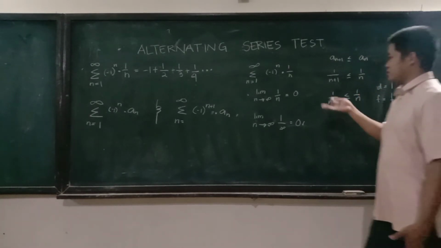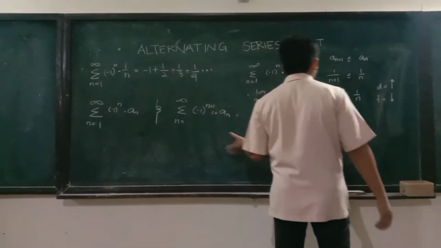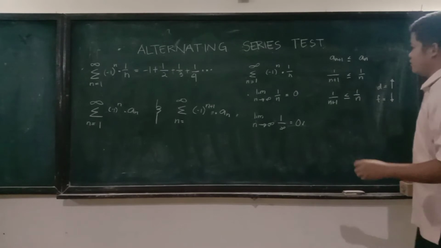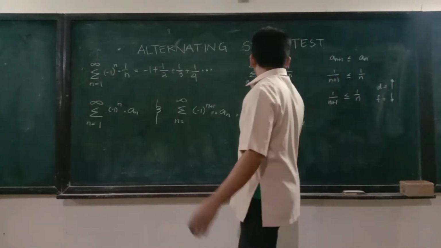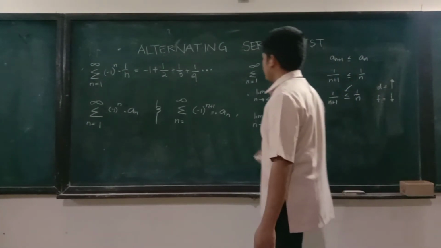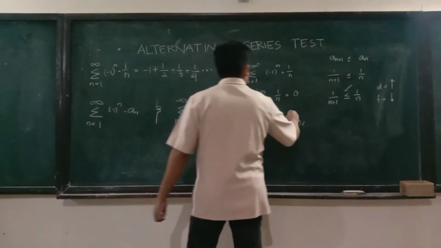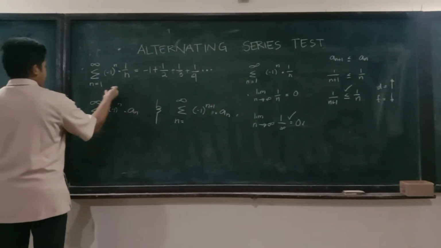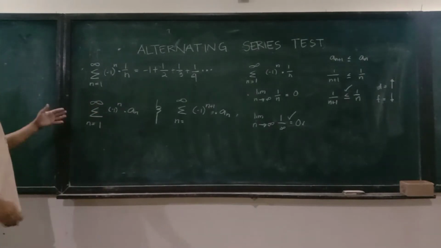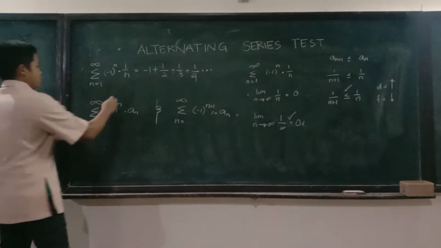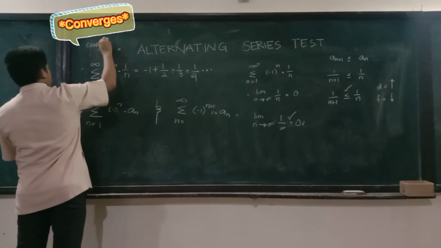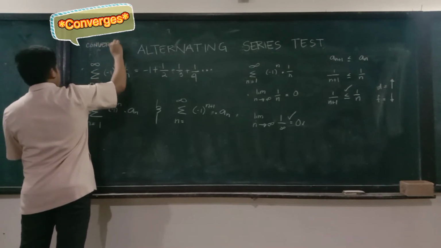Therefore, it passes the divergence test and it is a decreasing sequence. Therefore, we can conclude that this alternating series converges.